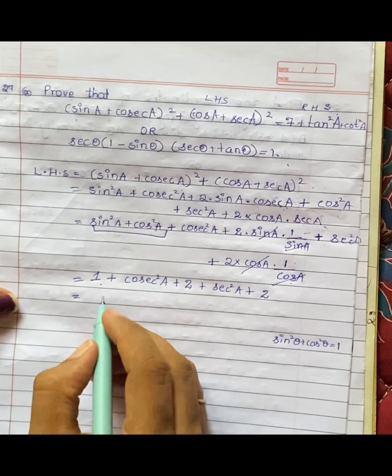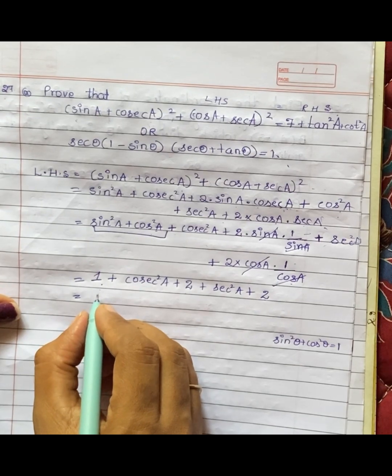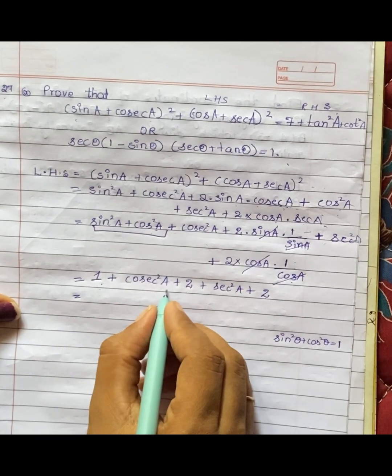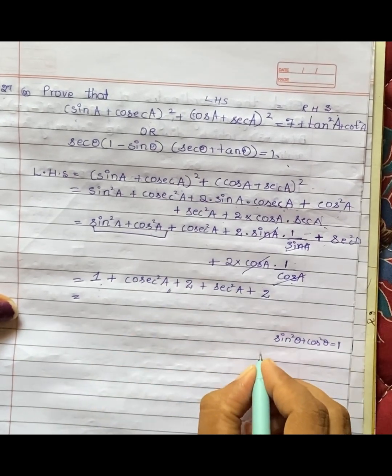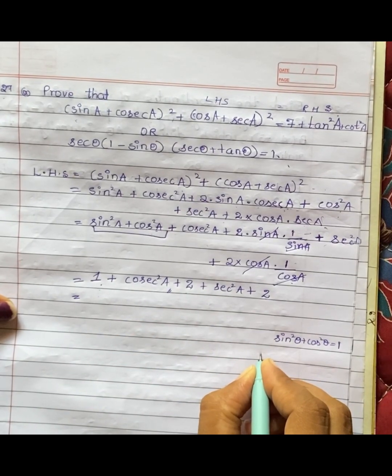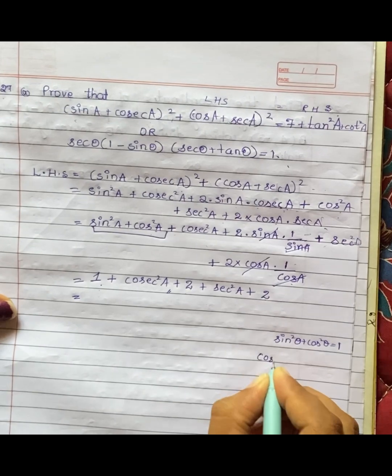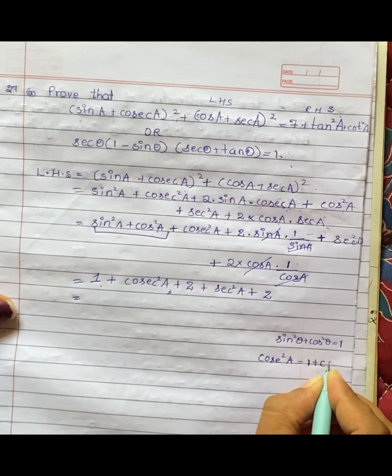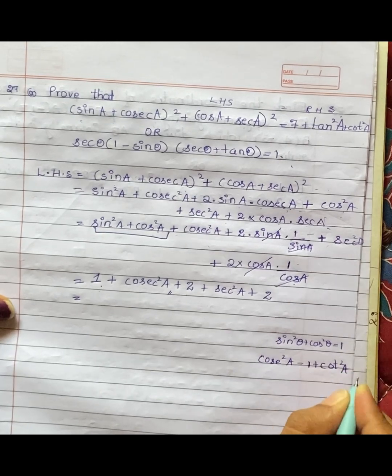So now we have another formula. Instead of cosec squared A, we have cosec squared A is equal to 1 plus cot squared A. We have this formula.